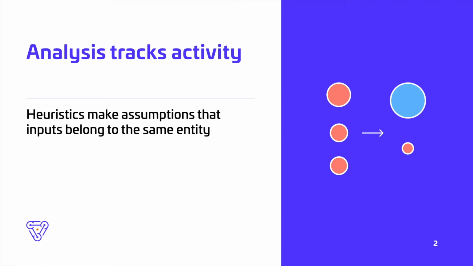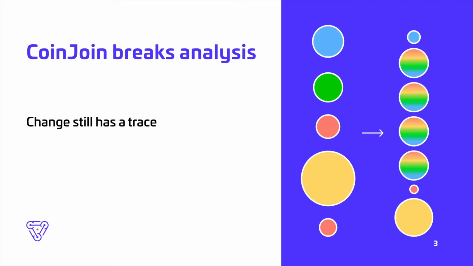They assume that's one person, and that these inputs came together to create enough to pay blue, and whatever was left over goes back to red as change. Now, if they know you are red, they know your IP address, they can follow you all across the chain. So that's what we're trying to break.